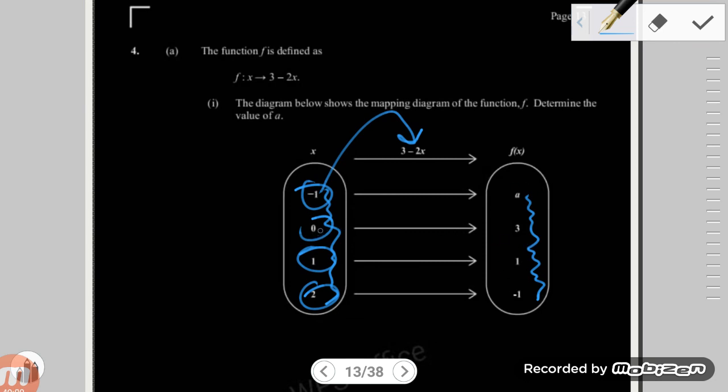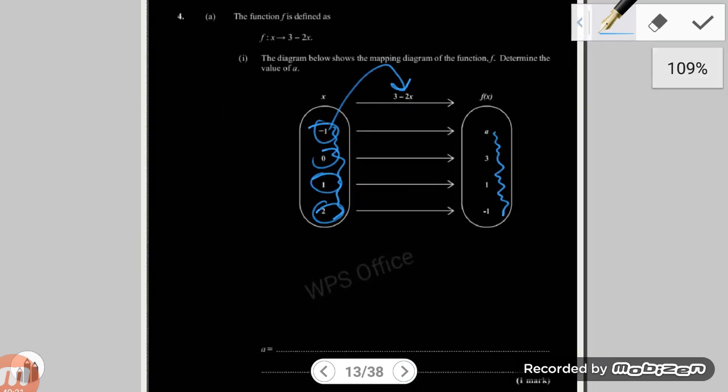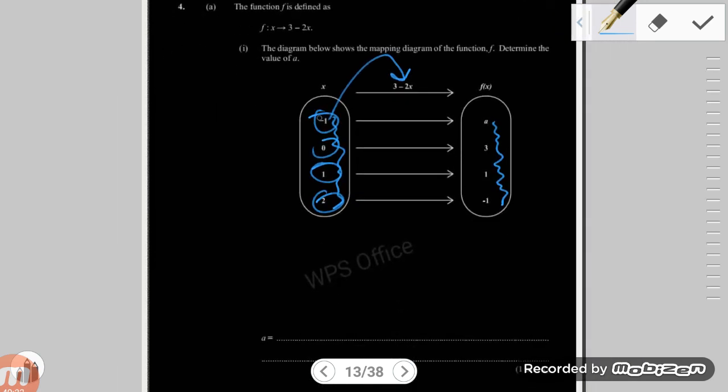So we know what the value is when 0 is mapped into the function, we get 3. When 1 is mapped into the function, we get 1. When 2 is mapped into this particular function, we're going to get -1. But we don't know what the value here is. So naturally, this is pretty much telling us that we just need to replace -1 into the function here to get the value that comes out here.